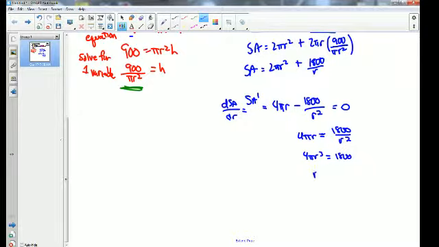So r cubed is, this is where decimals are okay because we're in a real world context. Just remember to carry that decimal out quite a ways for now. What is that in fraction form? 1800 over 4 pi, right? Does anybody have that number?